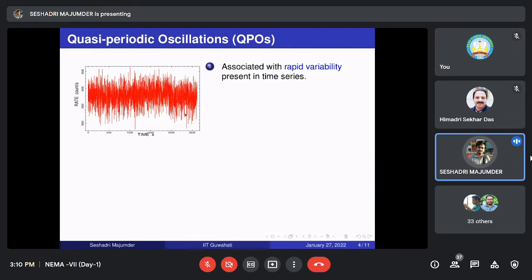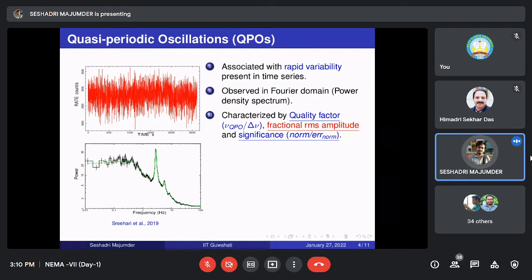If we have any kind of signal or feature in this light curve, it is impossible to extract that information from this curve because of its randomness. One has to go to the Fourier domain of this time series. In the power density spectra, we can often see narrow peaks, which we call a quasi-periodic oscillation.